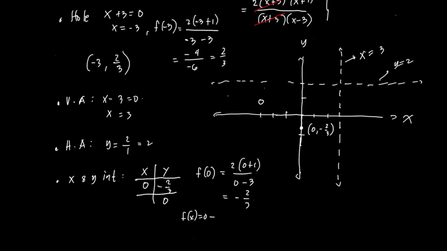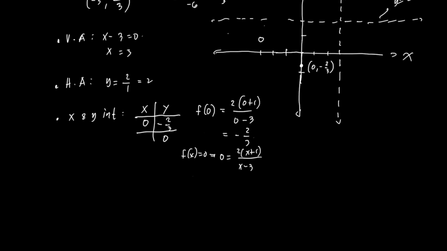Now when y is 0, what is our x? So f of x equals 0 means 0 is equal to 2 times x plus 1 over x minus 3. That means 0 is equal to 2 times x plus 1, multiplying both sides by x minus 3. That means 0 is equal to x plus 1, dividing both sides by 2.